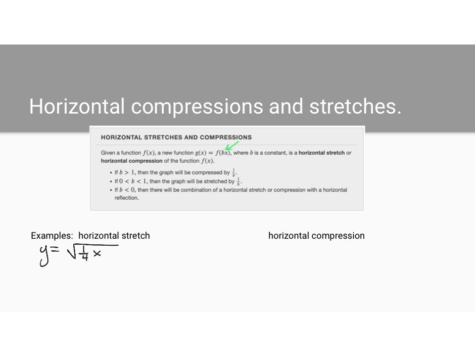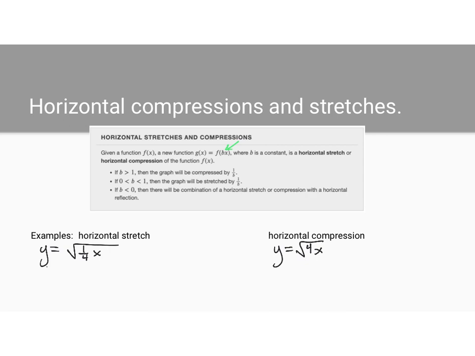It's going to have something between 0 and 1, because horizontal behaves opposite of what you'd expect. And if I want a horizontal compression, then it's going to be something that looks like it's going to make things bigger, right? So because it's on the inside, it behaves the opposite of how you expect.